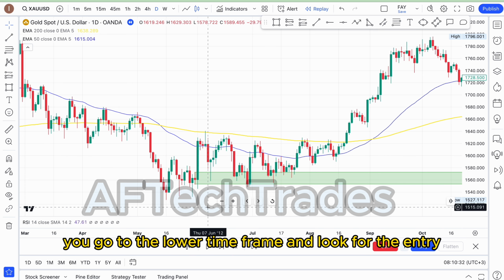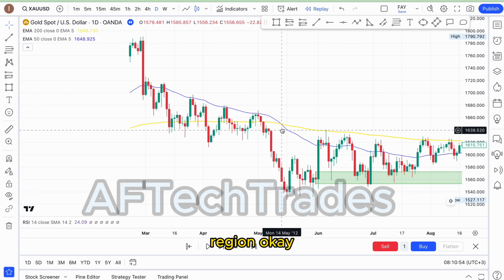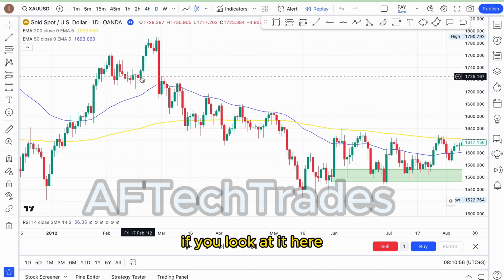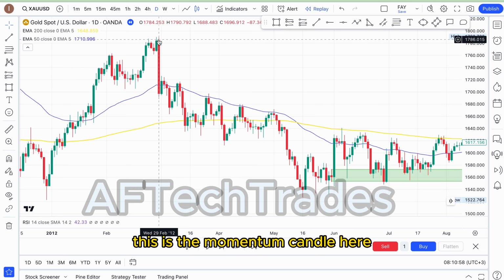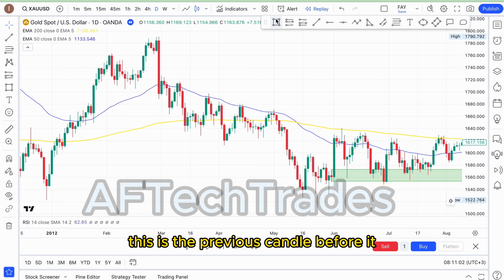Okay, so from here, if you are entering a buy, you place your buy and your take profit will be in the supply region. If you look at it here, this is the momentum candle, and this is the previous candle before it.